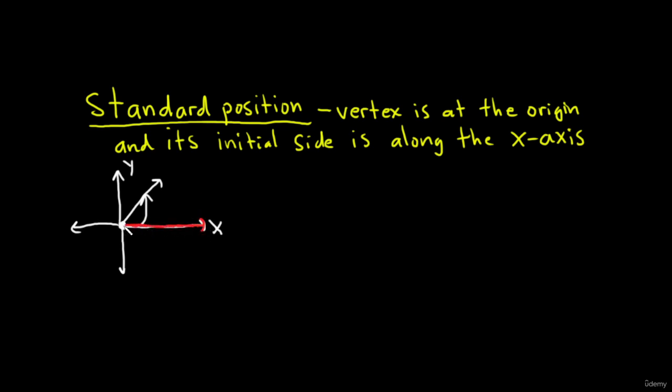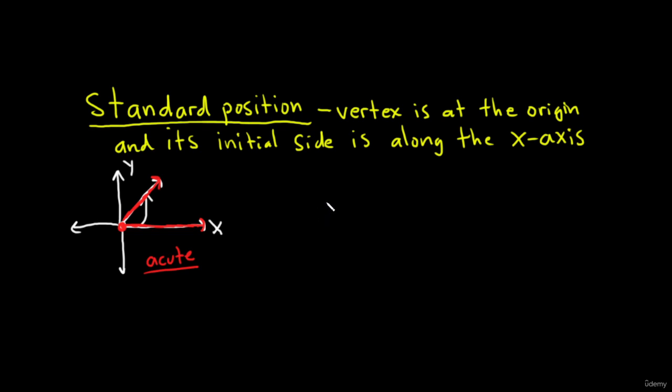Okay, and then here's the vertex at the origin, and then this here would be the terminal side. By the way, this angle has a measure of less than 90 degrees. This angle is called acute. Extra knowledge. Acute. So angles whose measure are strictly between 0 and 90 are called acute.